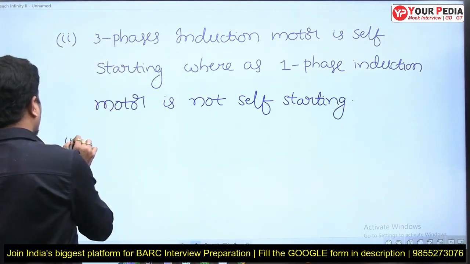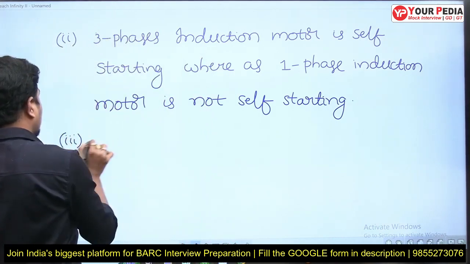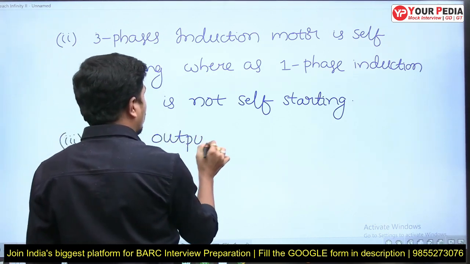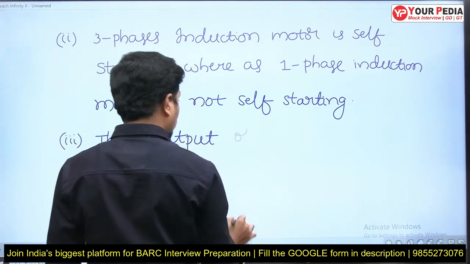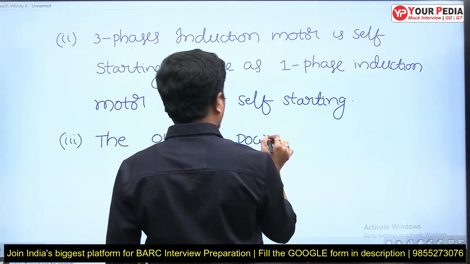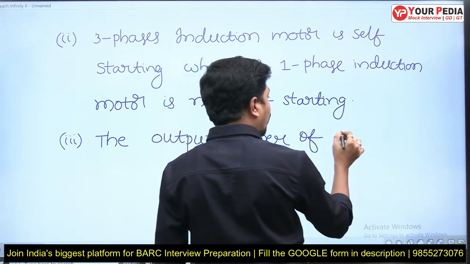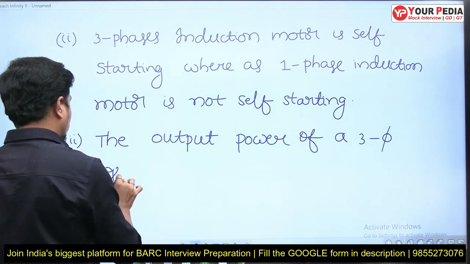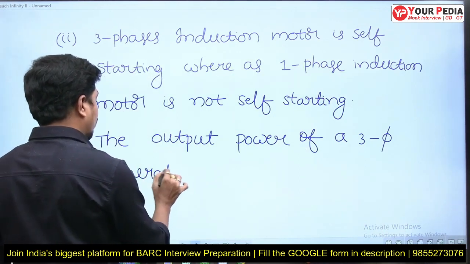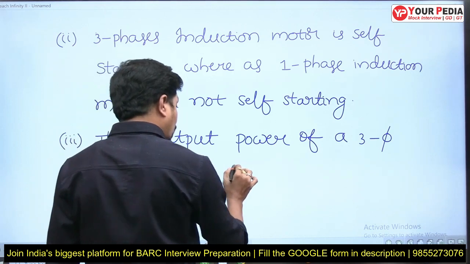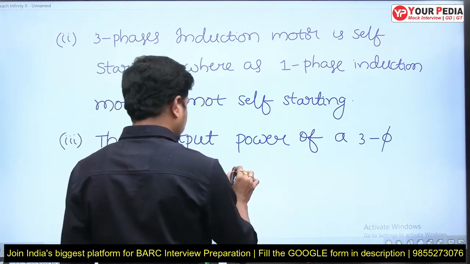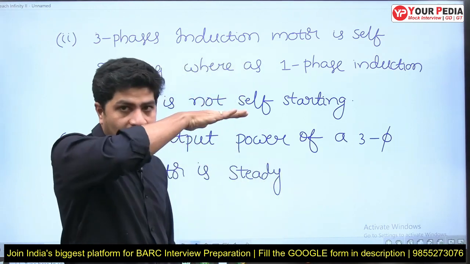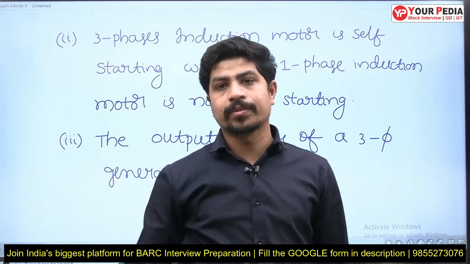See, the output power of a three phase generator is constant or steady. Means a constant magnitude of power we are going to get throughout its operation.